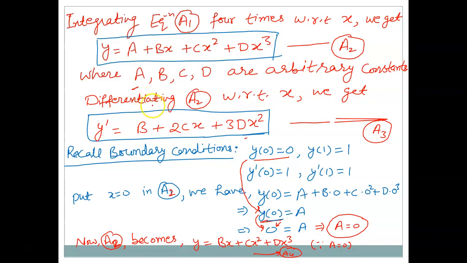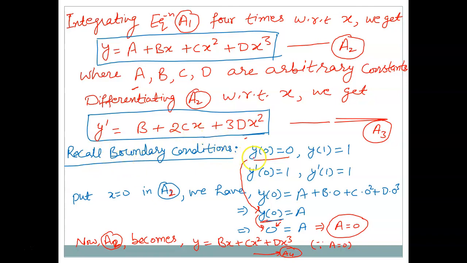Now differentiating a2 with respect to x, we get y' equal to b plus 2cx plus 3dx². Now the question arises, why are we differentiating it? Because the solution of a functional is in terms of a function that is already there in equation a2. We are differentiating it to apply the boundary conditions. Just recall the boundary conditions given in the statement.